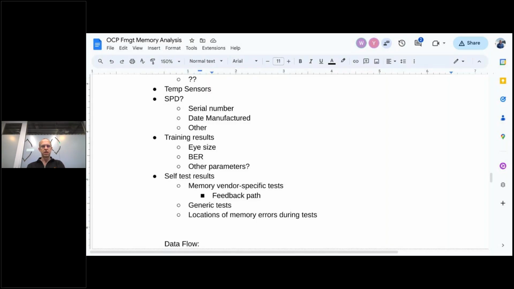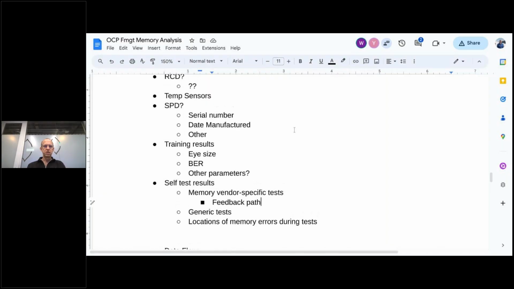We can learn which tests are worth running and which ones aren't, and tune how long they run. Maybe it'll help us find better patterns for finding failed parts. Finding failed parts at boot is ideal, right? It's much better to find it at boot than at runtime. So I'd like to see if we can gather data that would help there.